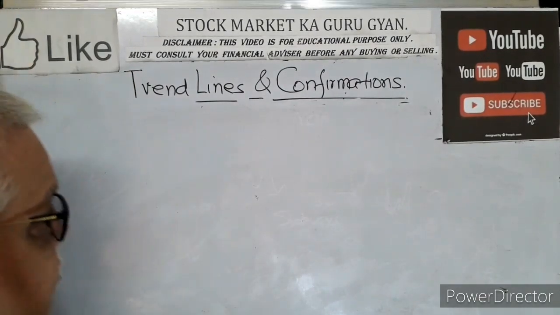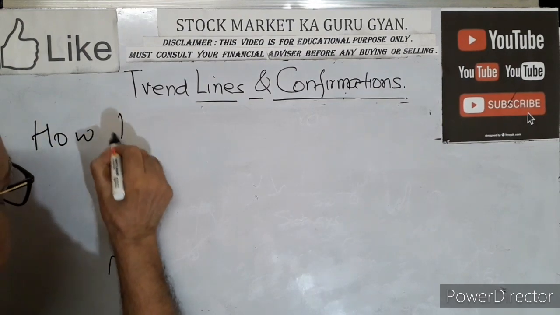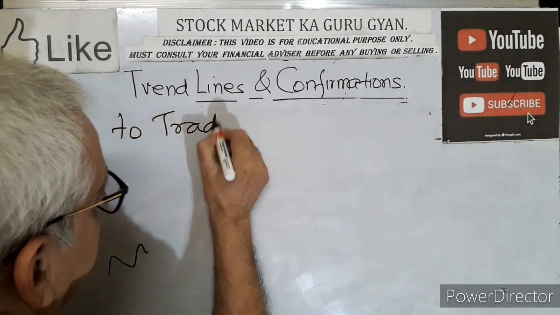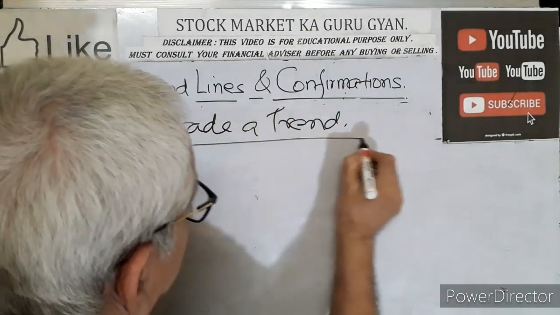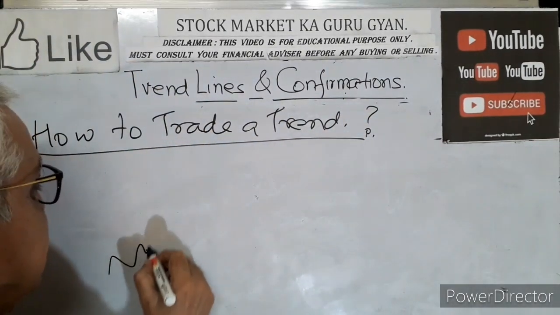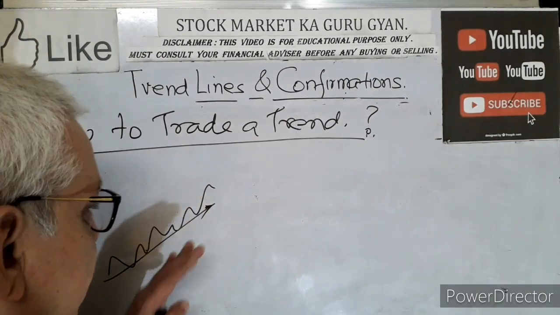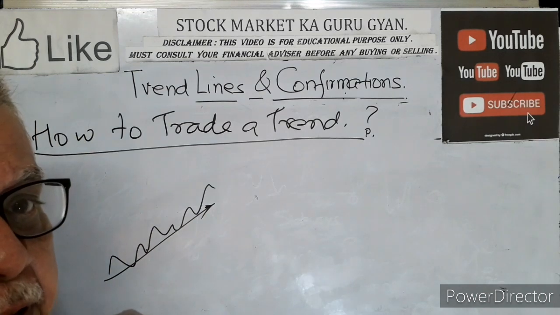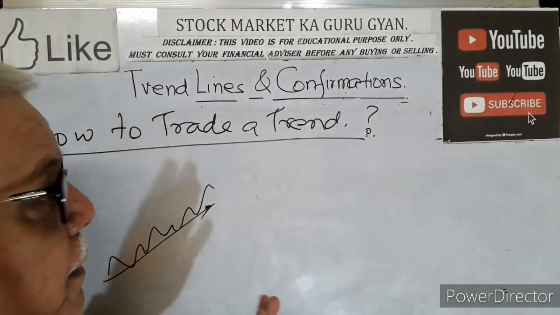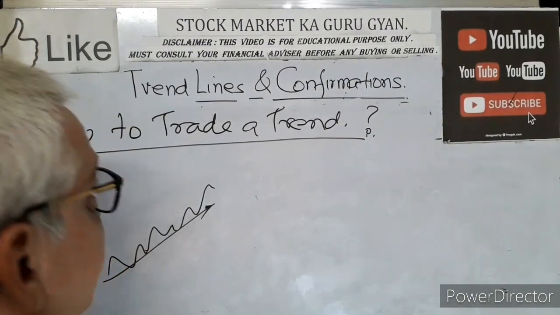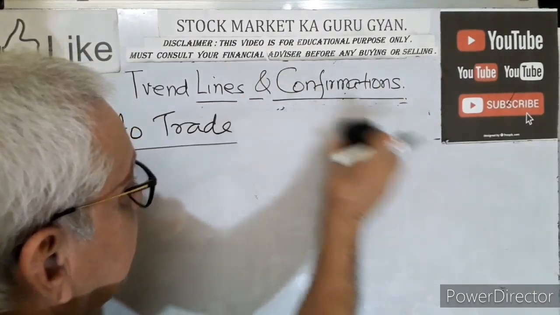Supposing the price is going up like this, you cannot trade the trend alone. You have to consider MACD here also, RSI also is here, and it can be a swing trade. But when it is intraday, how to trade intraday?